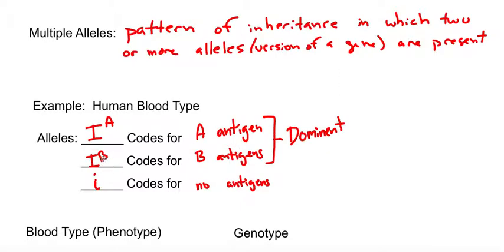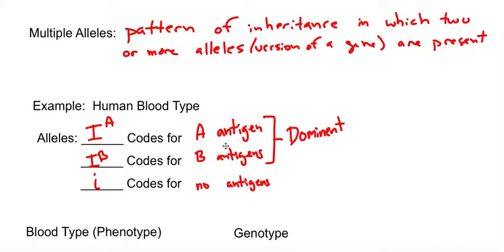If you have B blood and you had any cells with A antigen on them, your immune system would fight those off. Let me explain that a little further in a second.